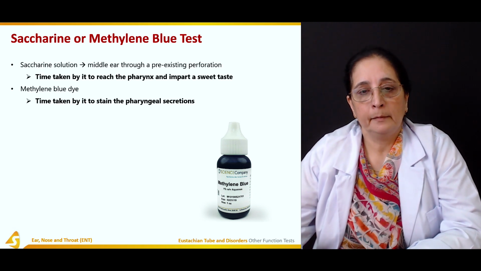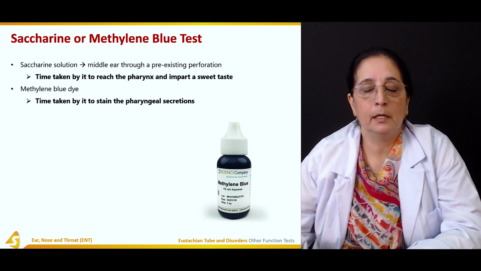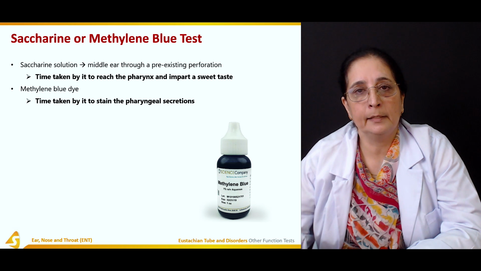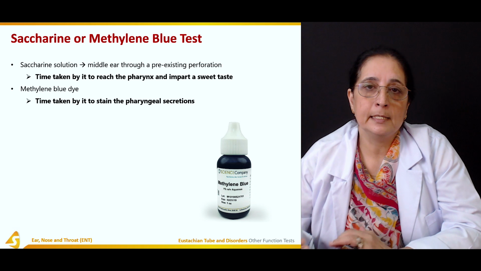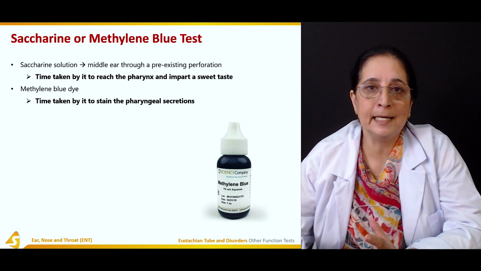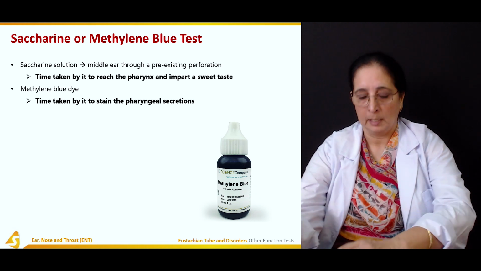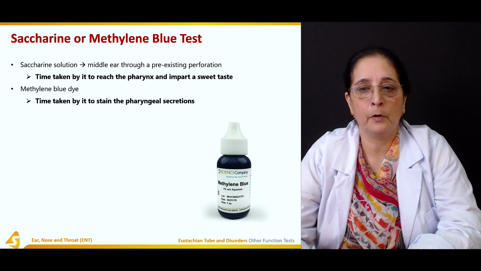Then the methylene blue test is one in which methylene blue is injected through the perforation, and we note the time taken for the dye to reach the pharynx, where it stains the pharyngeal secretion blue. So that's how we perform this test.